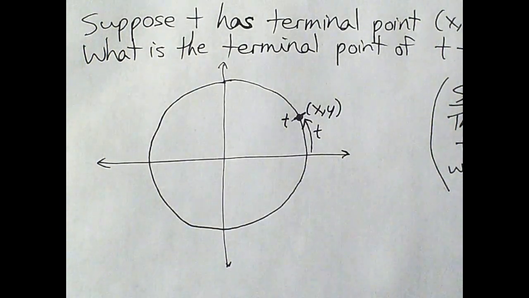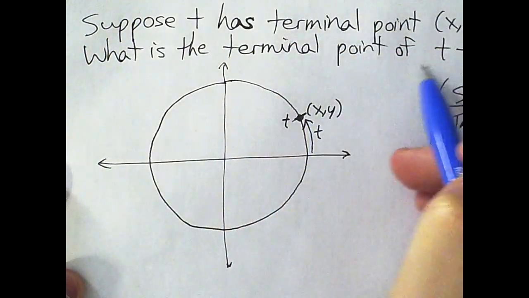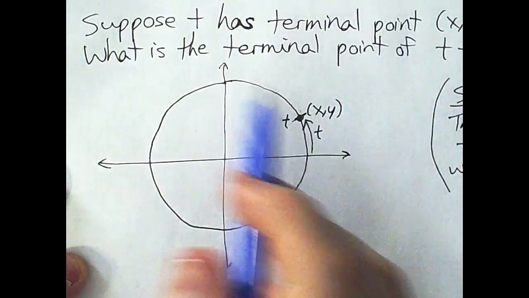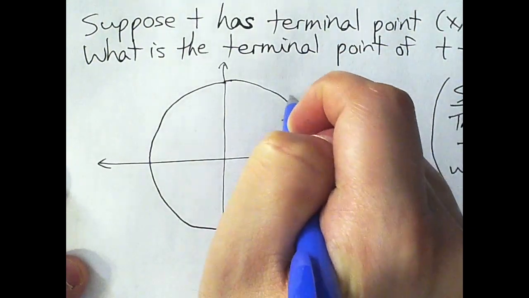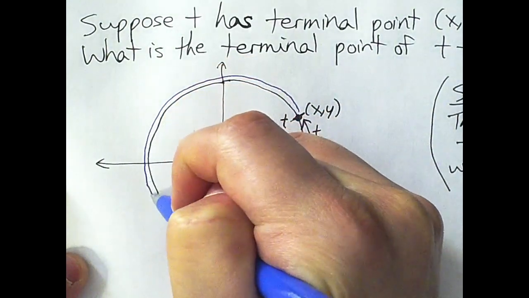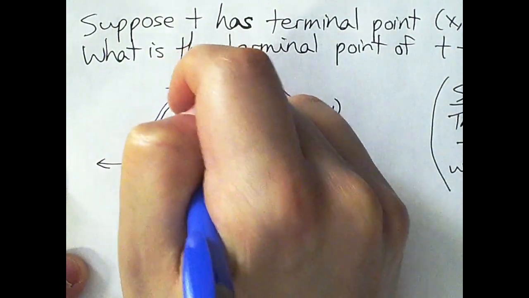All right, what if we add another pi? Like, instead of just t, it's going to be t plus pi. So we went t, and now we go pi around the unit circle. Well, pi is supposed to take us halfway around the unit circle. So adding plus pi would do this. This is the plus pi.